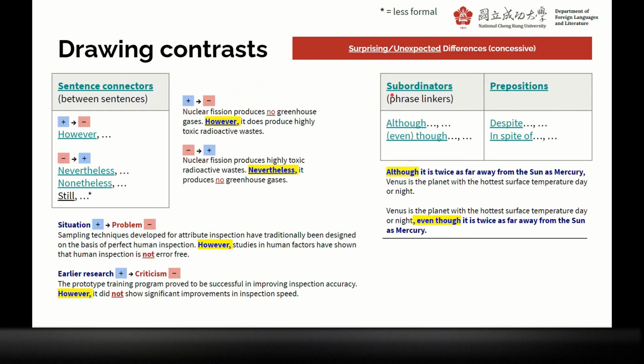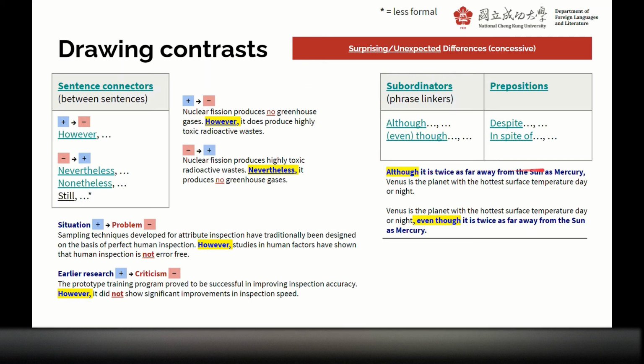Subordinators you've probably heard of, meaning subordinate clause, subordinate phrase, dependent clause, dependent phrase. So usually the first point you're making is stuck in this clause, and the second point is in the second independent, fully standalone phrase.